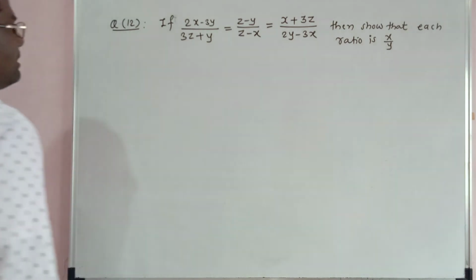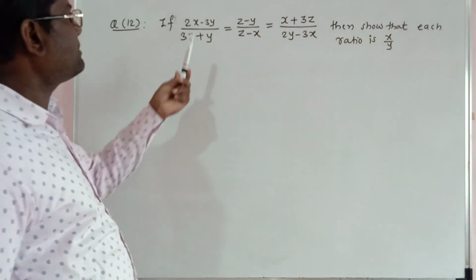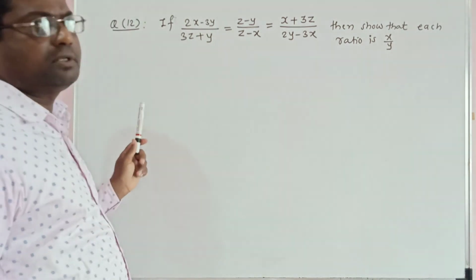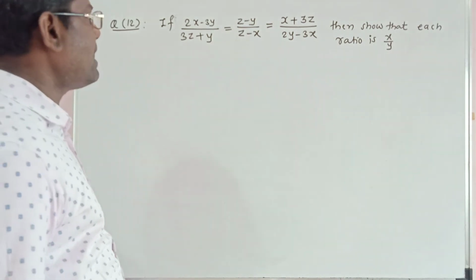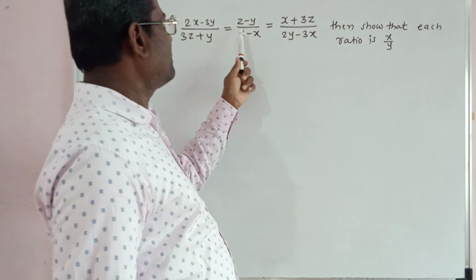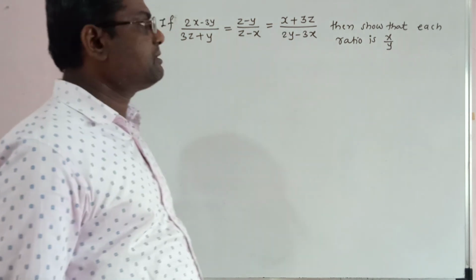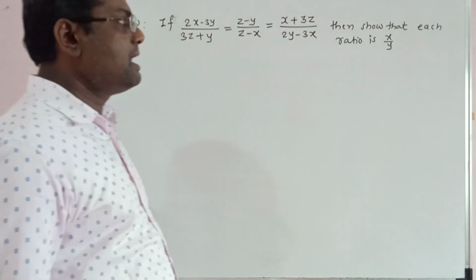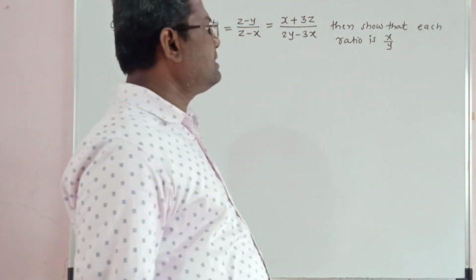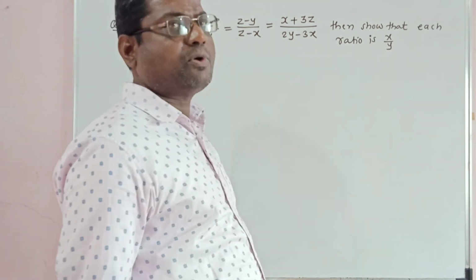Question number 12. If (2x − 3y)/(3z + y) = (z − y)/(z − x) = (x + 3z)/(2y − 3x), then show that each ratio is x upon y.